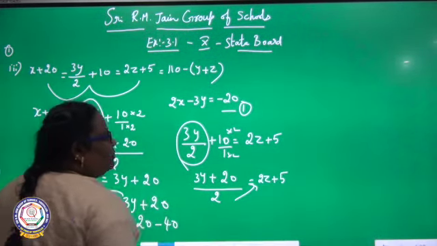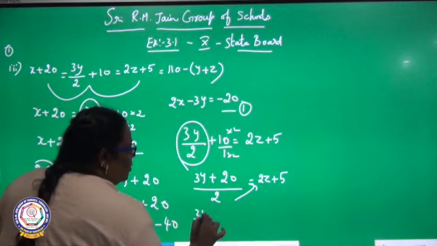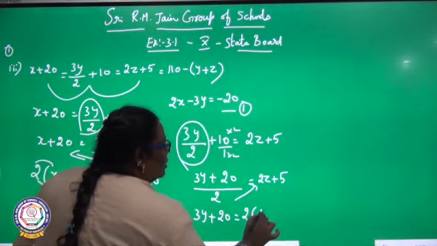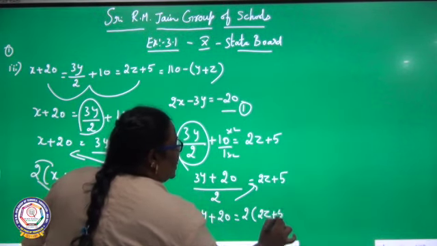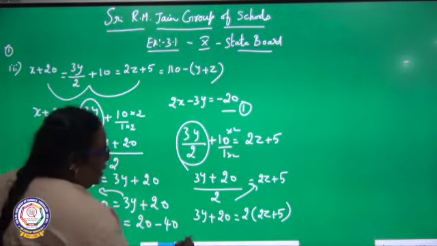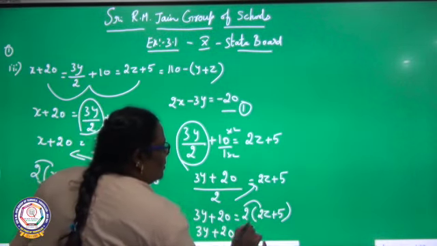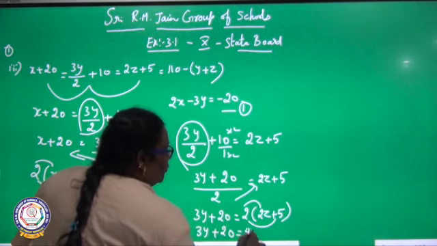You can multiply the 2 to this side: 3y plus 20 equal to 2 into 2z plus 5. Multiply 2 inside: 4z plus 10.